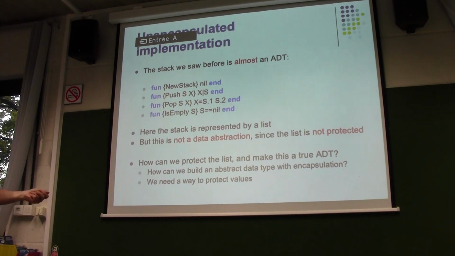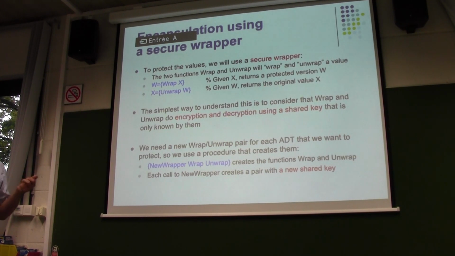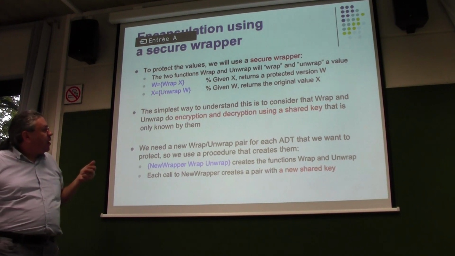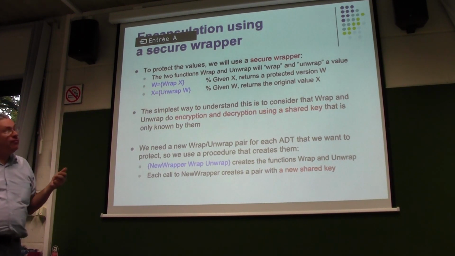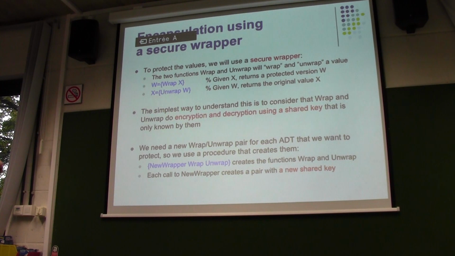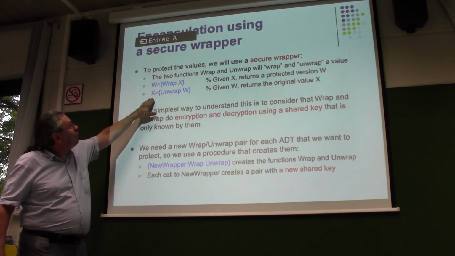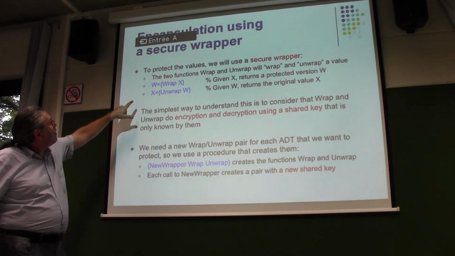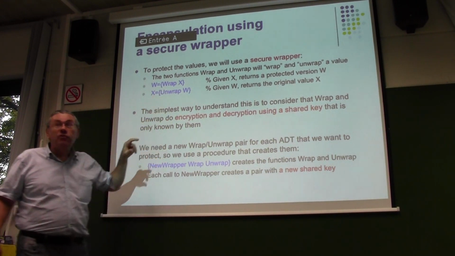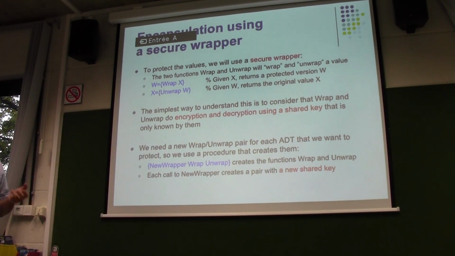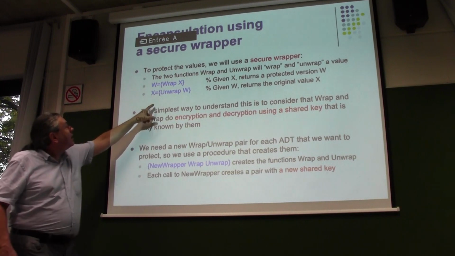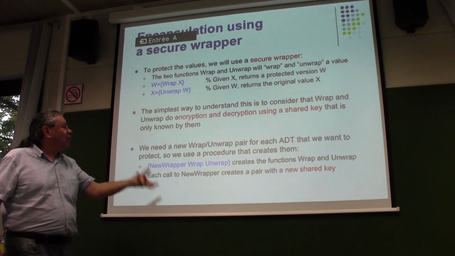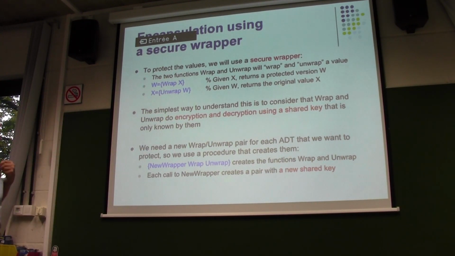Okay? And the way we do it, we have to protect the values, and only the operations can look inside. The way to do that is a kind of encryption. It's called a secure wrapper. We will have a wrapping function, which protects the value X, and an unwrapping function, which is able to look at the value.